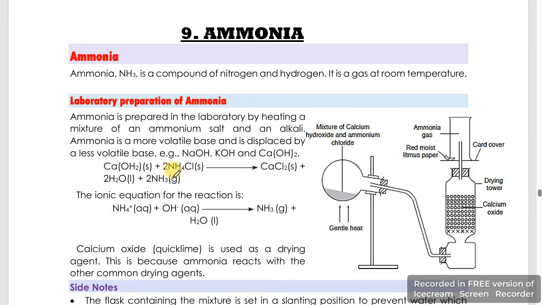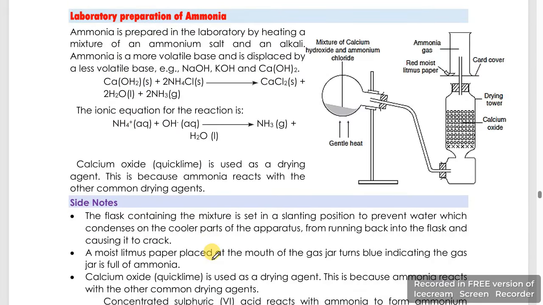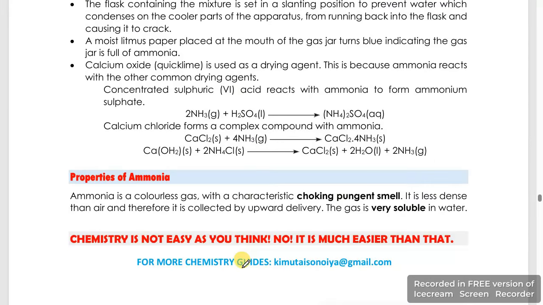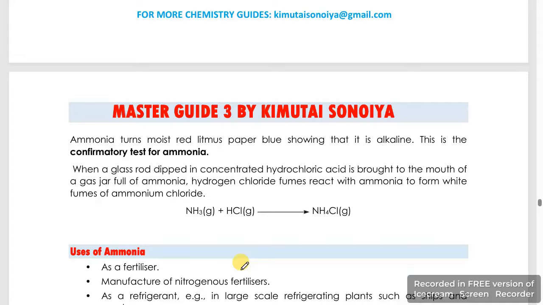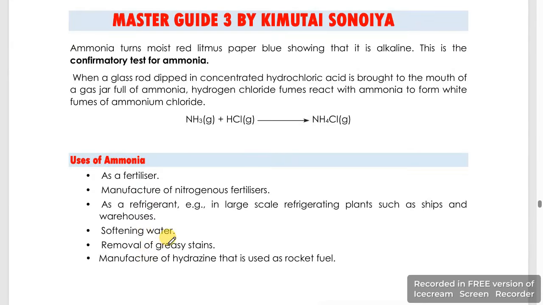So this is on the left side, and on the right side, this plus this plus this. So it is important you know the reagents. Uses of ammonia, at least know two uses.